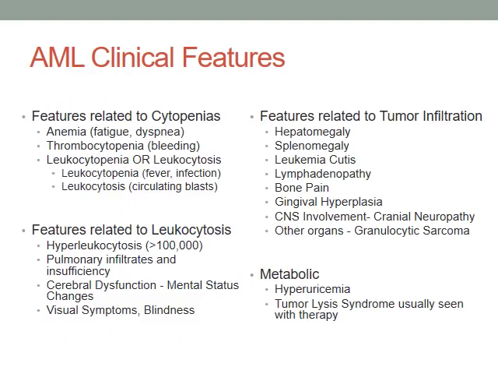Below are some of the clinical features seen in patients with AML. Features of cytopenias or low cell counts. Some cytopenias will involve anemia, others will involve thrombocytopenia. In addition, we also may see leukocytopenia or leukocytosis. This really depends on what type of cell, specifically white cell, you're looking at.